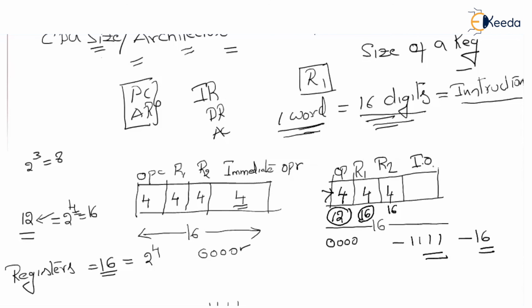For the immediate operand, 4 more bits are required because 16 minus 12 is equal to 4. The instruction has 16 bits, of which 12 are consumed by opcode, R1 and R2, and the remaining 4 digits go to the immediate operand. That is how this kind of problem needs to be solved.